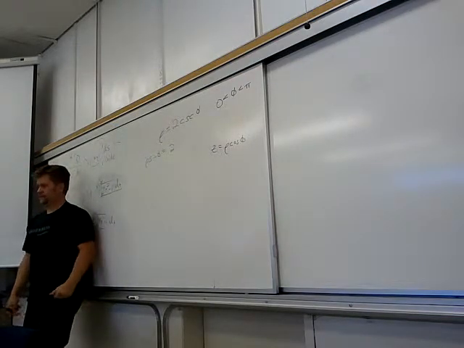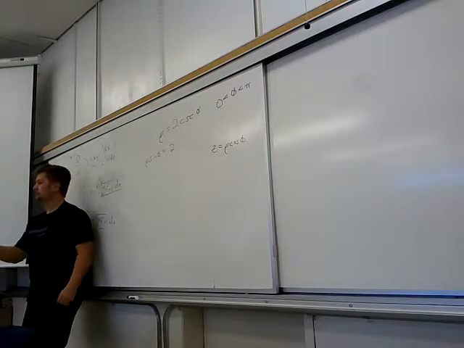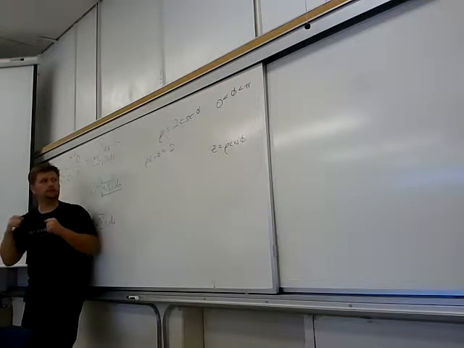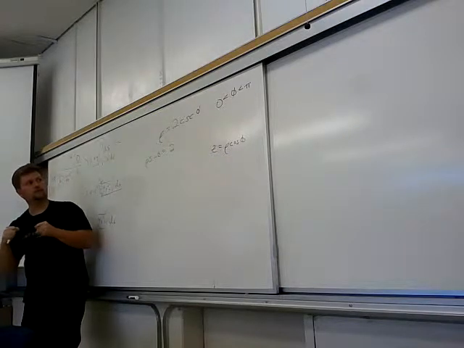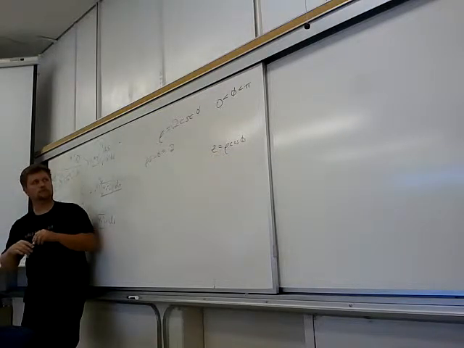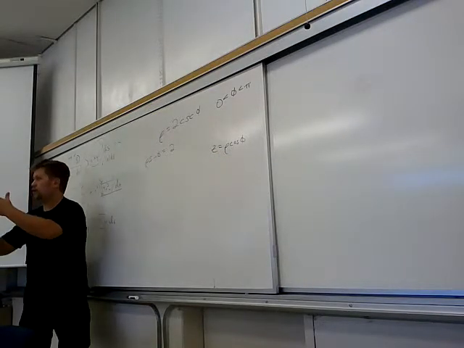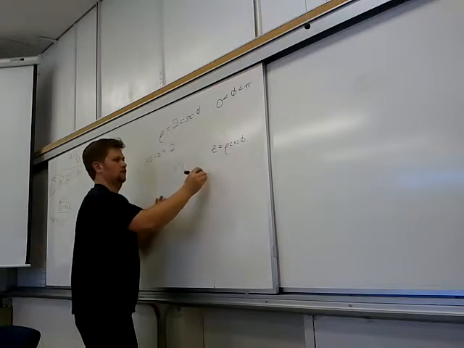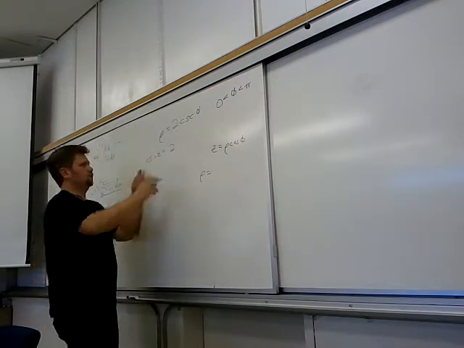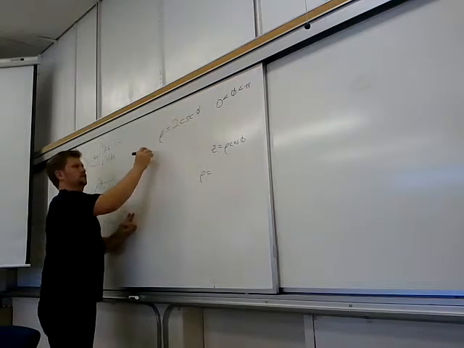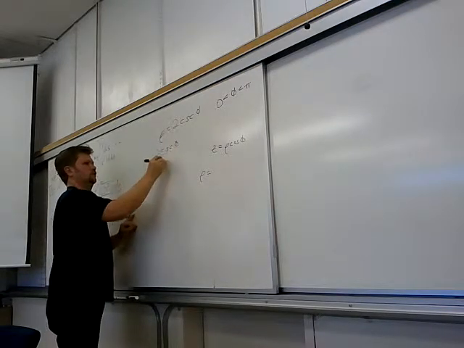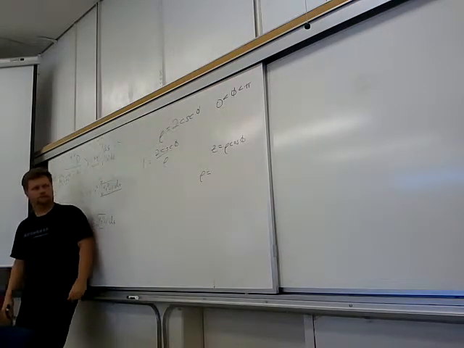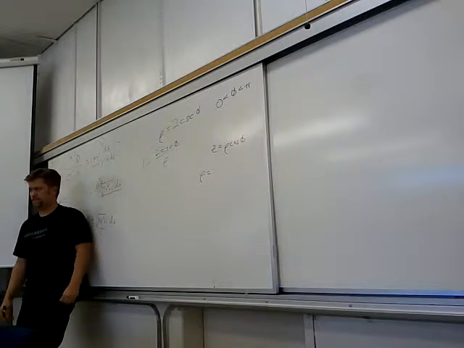I divide by rho, so you get 1 is equal to 2 cosecant divided by rho, and rho is what? Then I just replace cosecant with 1 over sine.